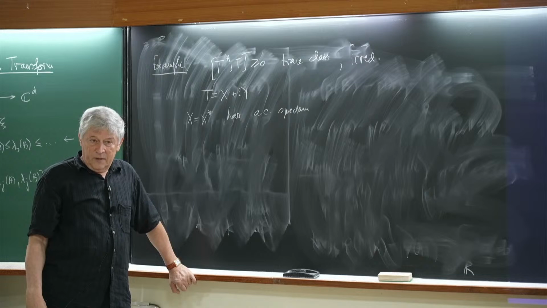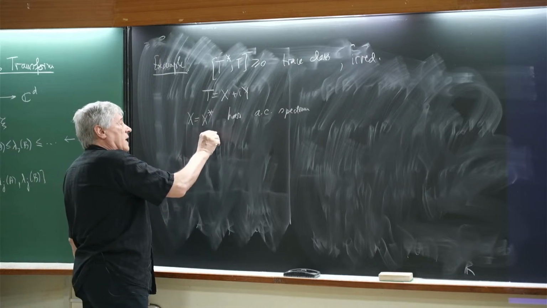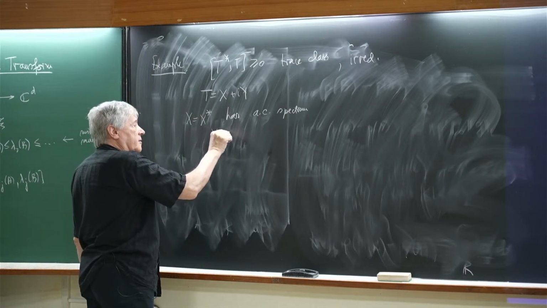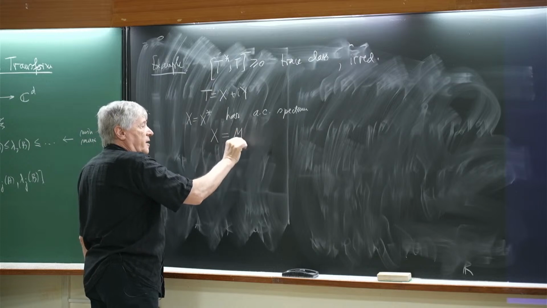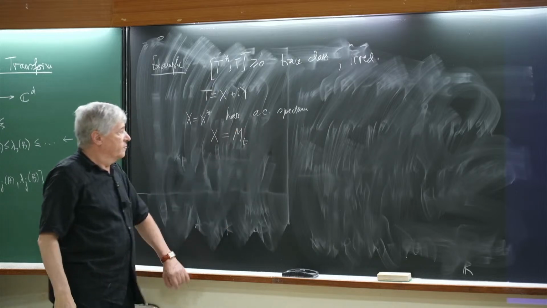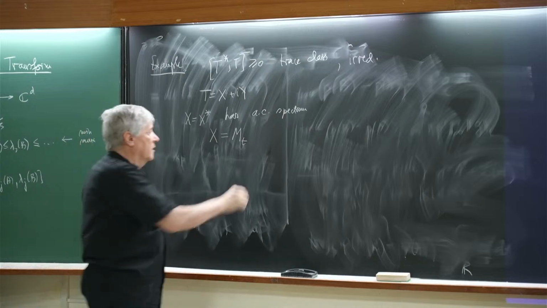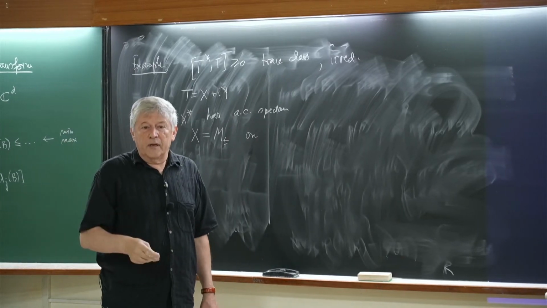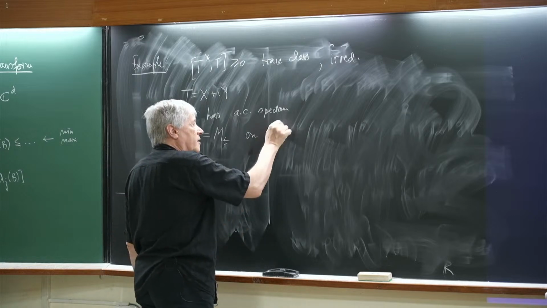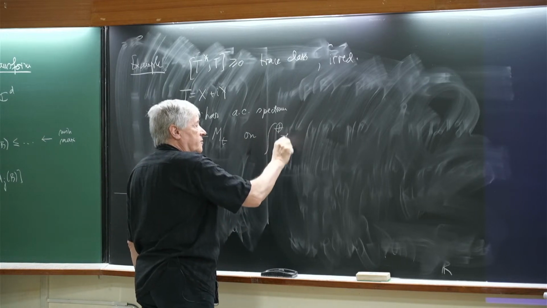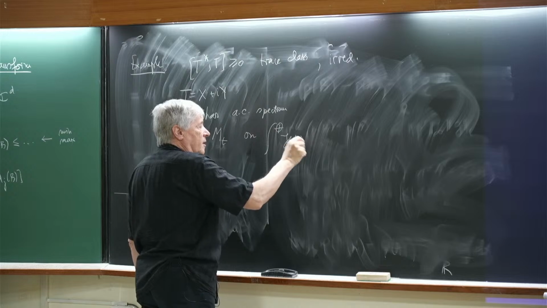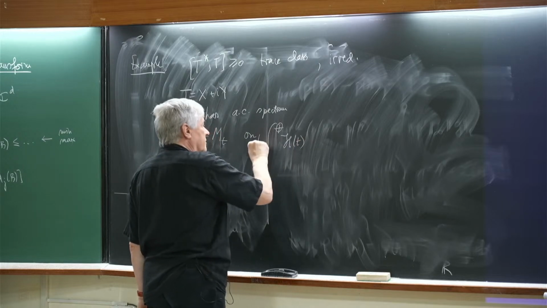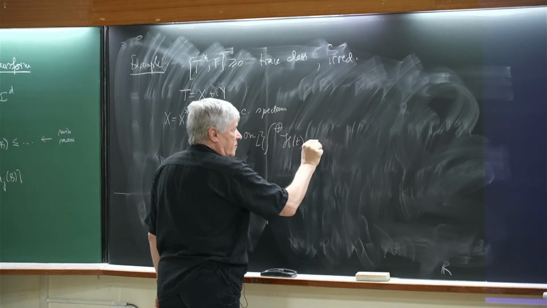Once we have this, I can represent X as the multiplication by the variable on a direct integral of Hilbert spaces with respect to a measure.